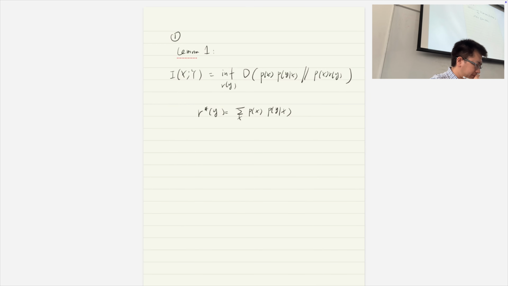By using this lemma, we can turn our original problem into an optimization problem over two variables, over two distributions. In this case, we can write R(D) as the first infimum over P_{X hat|X}, subject to a distortion measure.